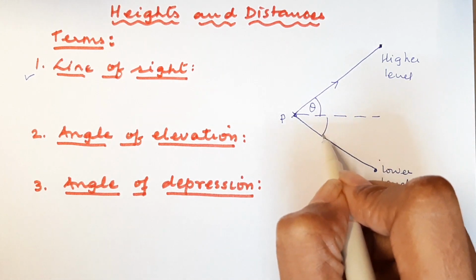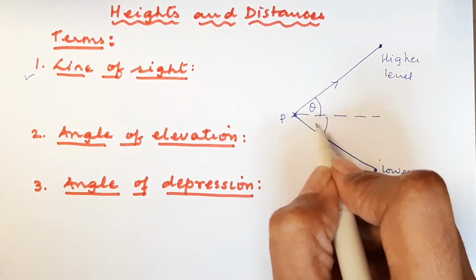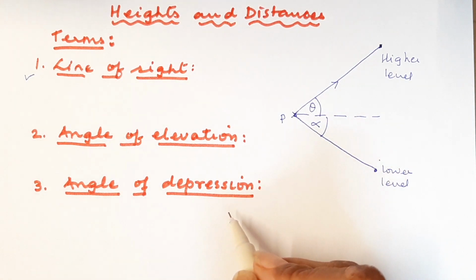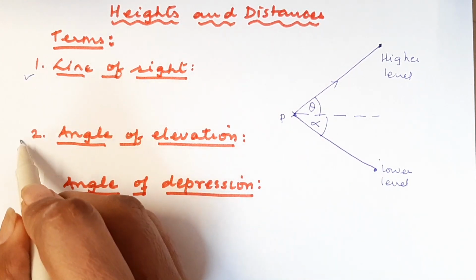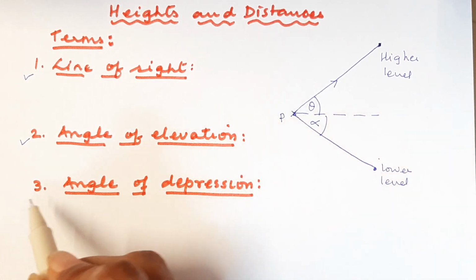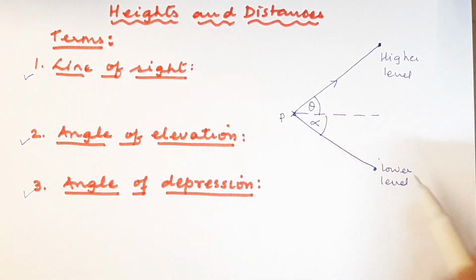Then this angle made with the horizontal by his line of sight, we will call alpha. That becomes the angle of depression. So what are our terms? Line of sight, angle of elevation when we are looking up at the taller object, and angle of depression when we are looking below the line of sight, when we are looking down.